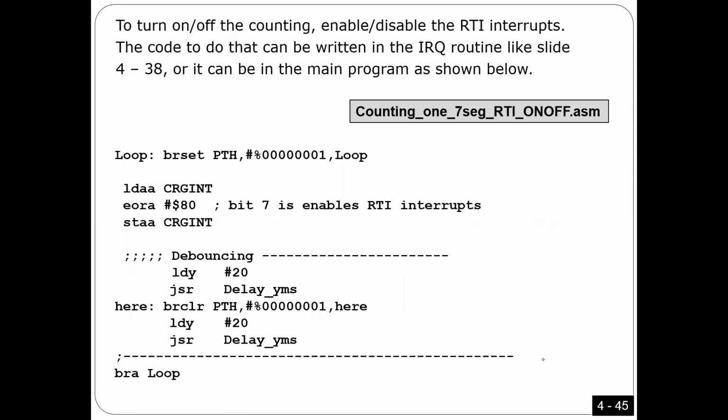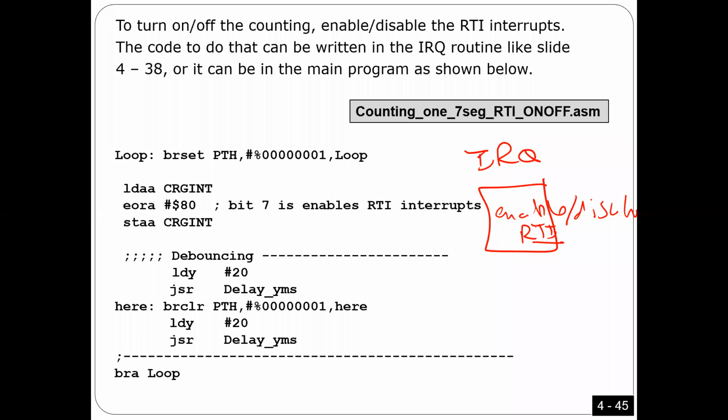Okay. So the way you can do it here, I'm going to do something a little bit different, just because I want to teach something different. Okay, what we did before, you can use IRQ in order to enable or disable RTI, and that's what we did before, and that's what you are going to do in today's lab.